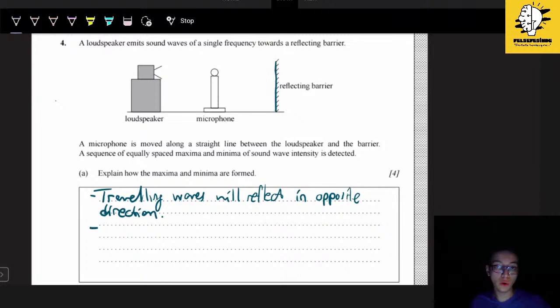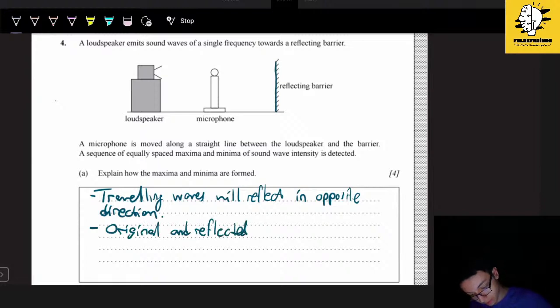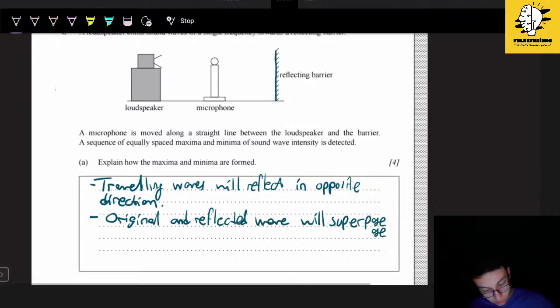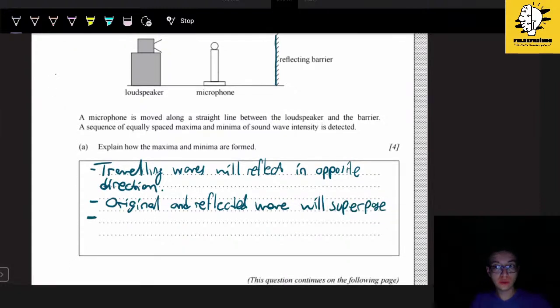So due to this opposite direction, we know that the original and reflected waves will superpose. Their frequencies are the same, their speeds are the same, everything is the same, just their directions are opposite. What does it mean?